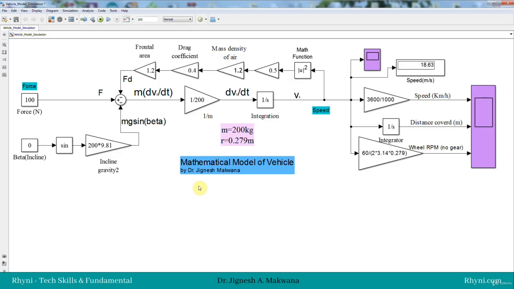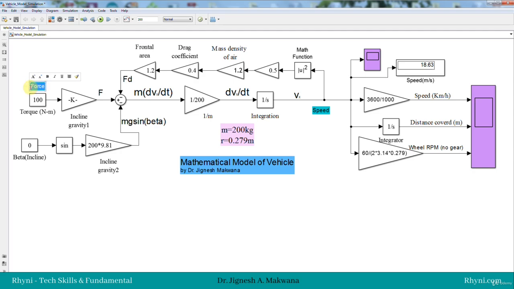Now we can also add the torque component instead of force if we want. So what we need to do, we need to use the gain. So what is the torque? I have added the gain. So it will remain force if it is torque in Newton meter, so I am changing this to torque.